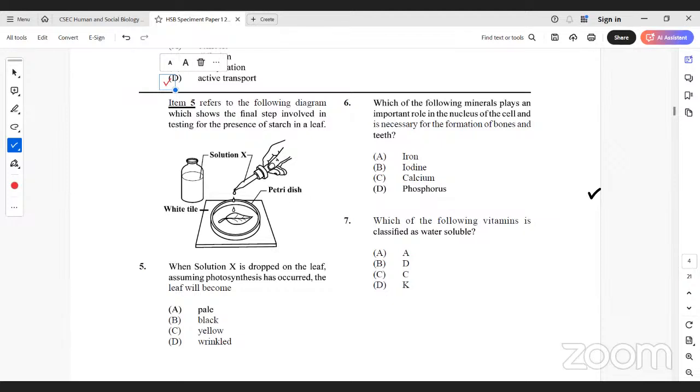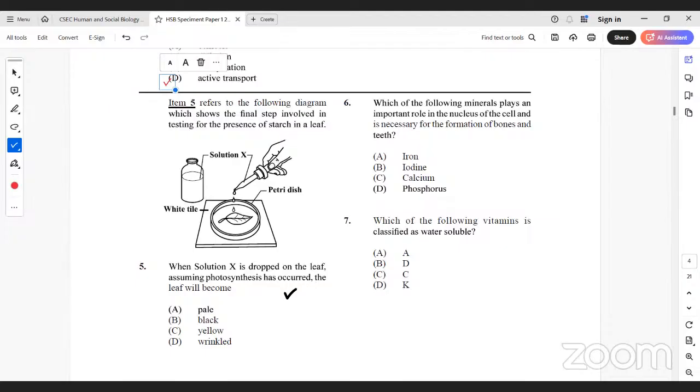Item 5 refers to the following diagram, which shows the final step involved in testing for the presence of starch in a leaf. This is a simple starch test, right? You test for starch in a leaf. The leaves are supposed to have starch in it. And what happens when solution X is dropped on the leaf, assuming photosynthesis has occurred, means starch will be present.